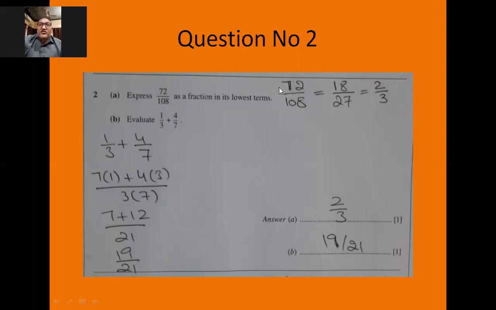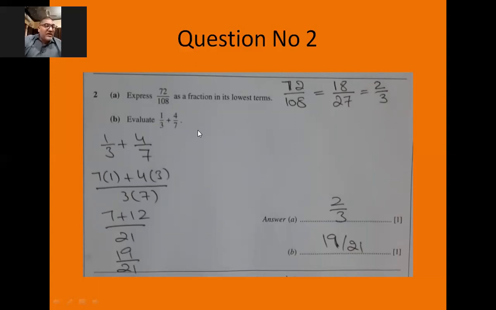So 72, you cancelled it with 4, it's 18. And 108: 4 twos are 8, and 2 is left, 28. So 4 sevens are 28. So now again, I will cancel it with 9. So you will have 2 by 3. So the final answer is 2 by 3.